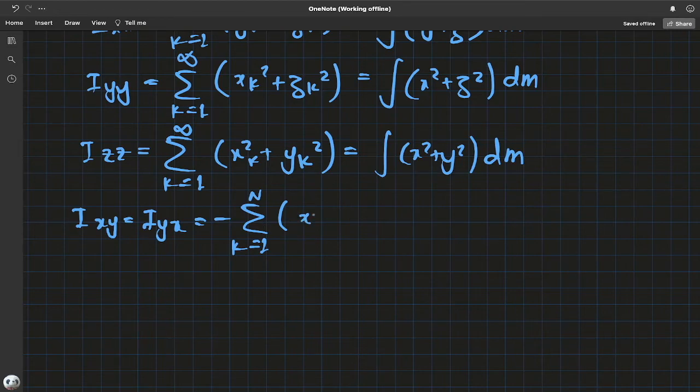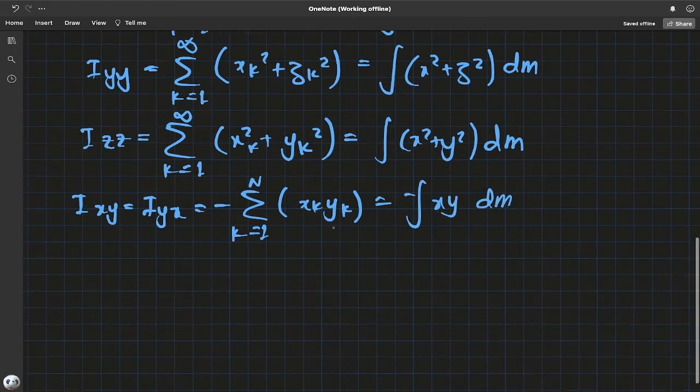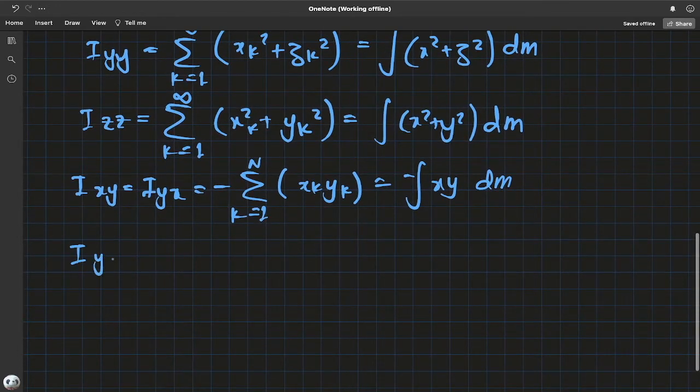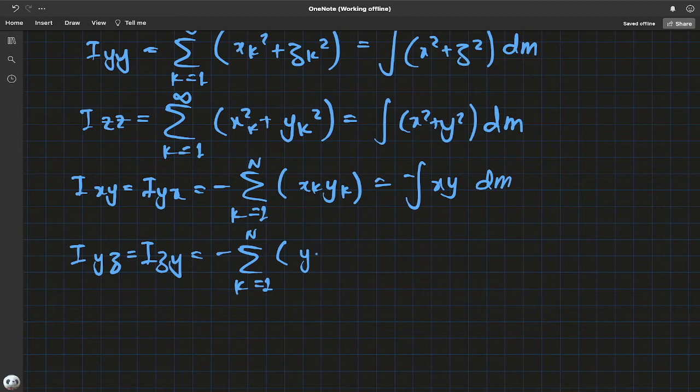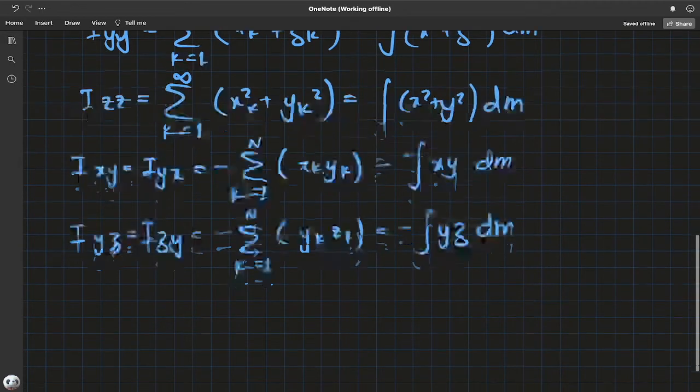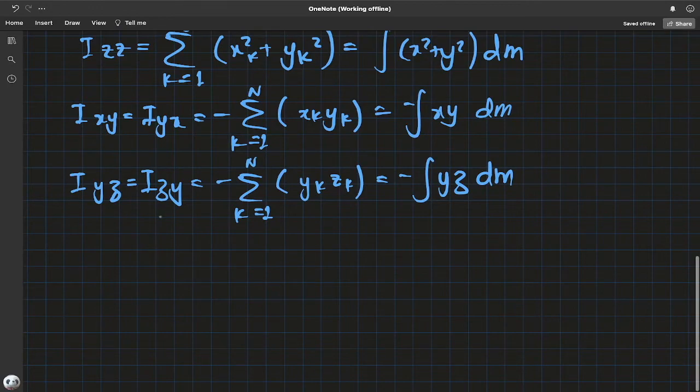We have x sub k, y sub k, which is the integral of negative xy dm, and then the other case, yz and zy. This might come as a little surprise to the mathematicians in there, probably not for the engineers and the physicists, because this is a fairly commonly used property.